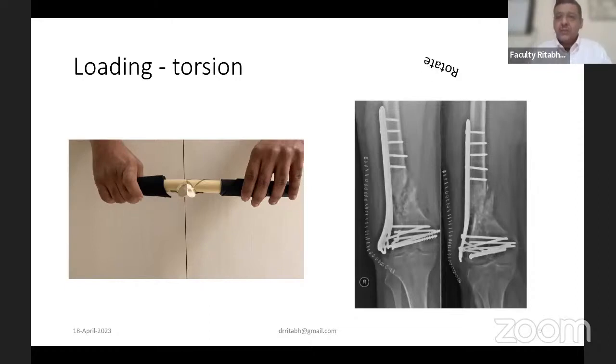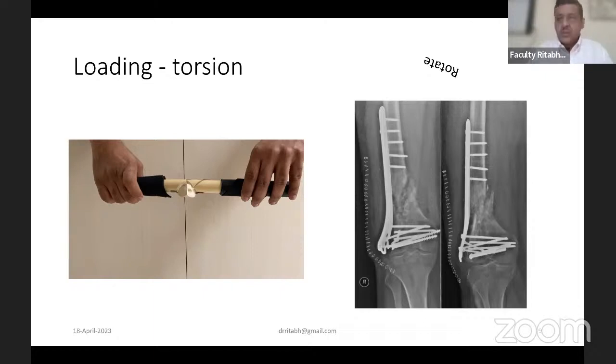But in this presentation, if you see, proximally the plate and the screws are visible in profile, but distally the distal femur and proximal tibia seem to have rotated out of place. So rotation is a displacement better appreciated clinically. So we are now aware of the 3 loading forces that we have seen.